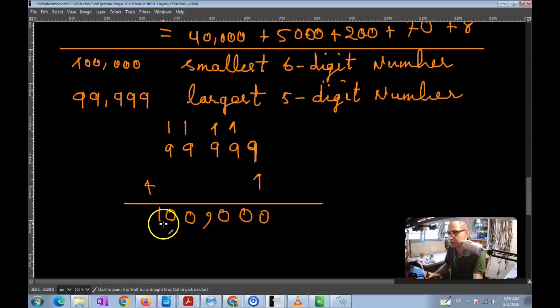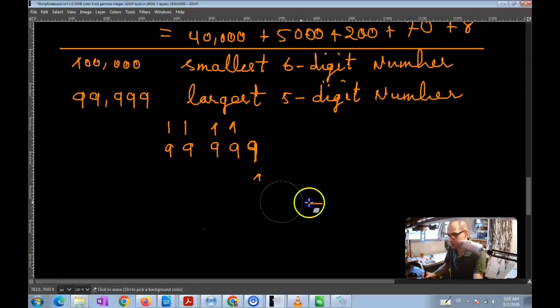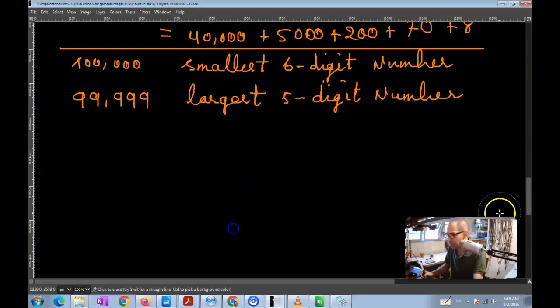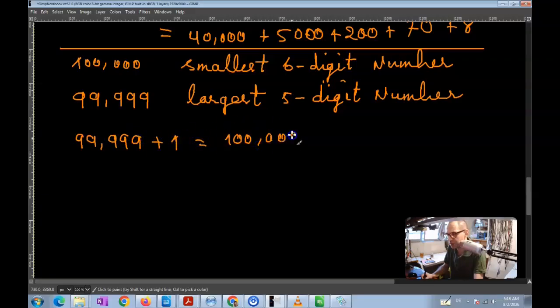So that's 100,000. Which means that if I take the largest 5-digit number, 99,999, and add 1 to it, I will get 100,000, which in India, I will talk about this in detail in a few videos.